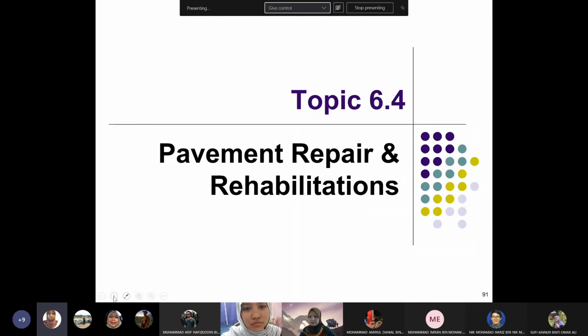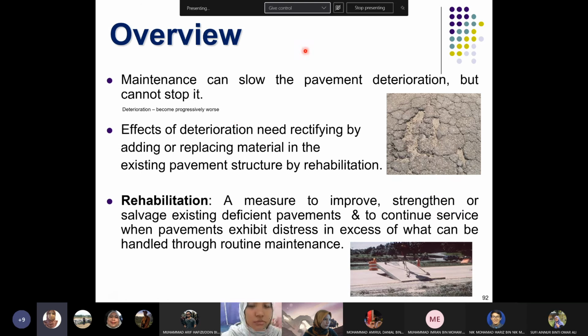Okay, this is 6.4. We go to repair and rehab. So lepas kita tak boleh buat lagi maintenance, sebab maintenance tu dah tak function anymore. Mungkin dah jadi macam non-effective to that current state of defects. We need to go for repair or rehab works. Okay.